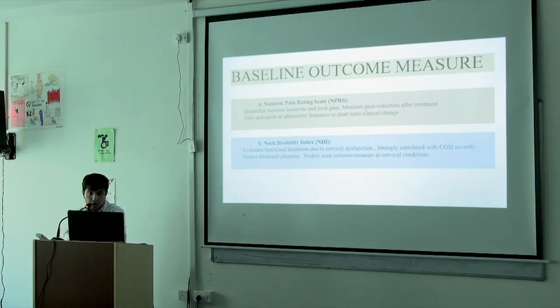The other outcome measure used was the Neck Disability Index, which is used to evaluate functional limitation due to cervical dysfunction, which is strongly correlated with cervicogenic headache severity. It guides treatment planning and is a widely used outcome measure in cervical patients.